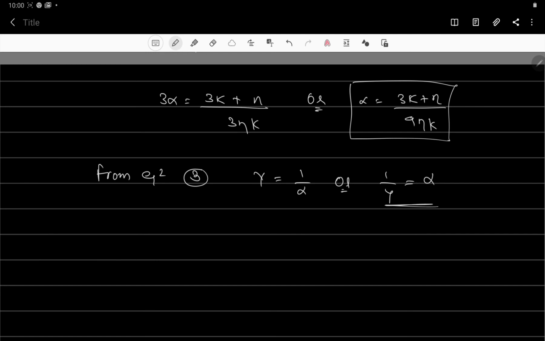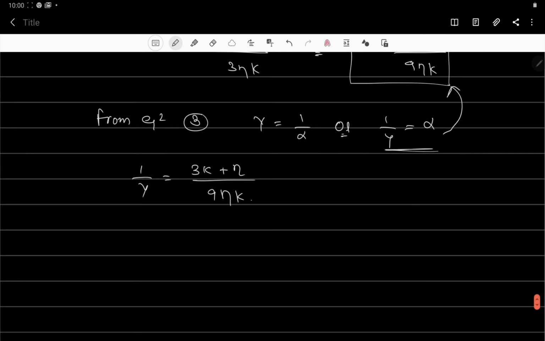For simplification, 1 by Y equals, for this alpha value, 3k plus eta divided by 9 eta into k. Now taking 9 across, 9 divided by Y equals 3k plus eta divided by eta into k.